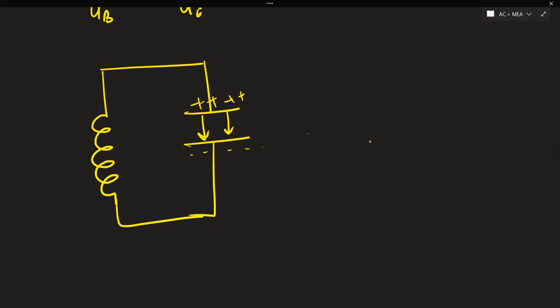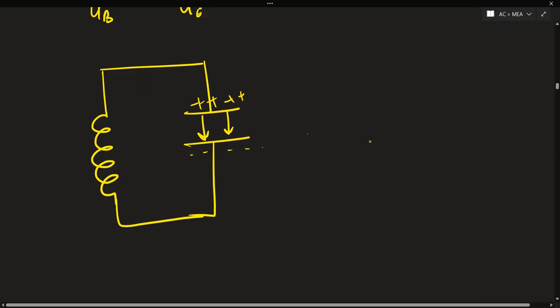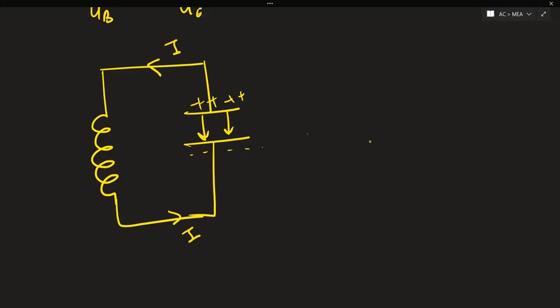So the initial amount of charge that was present will now get lowered, obviously, because the charges are dissipating. And since charges are now moving, there is current in our circuit. The capacitor begins to discharge itself through the inductor, so it causes the current I.